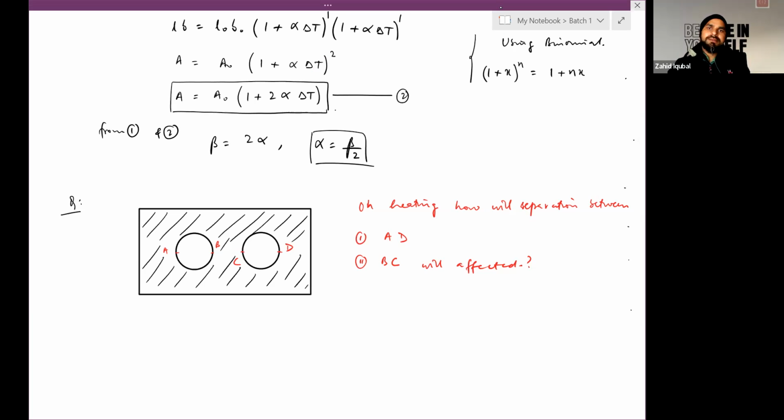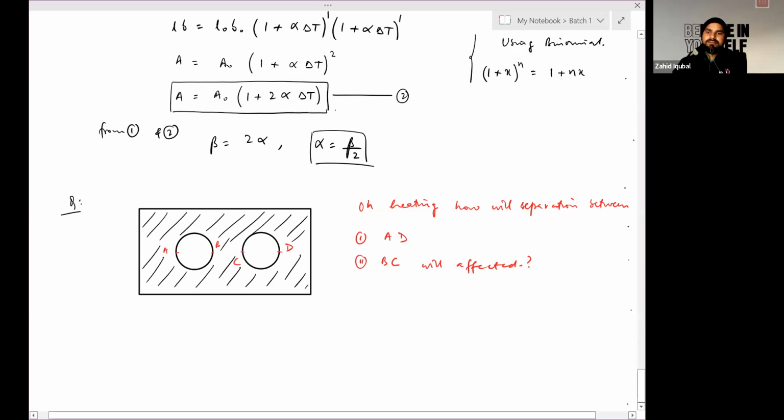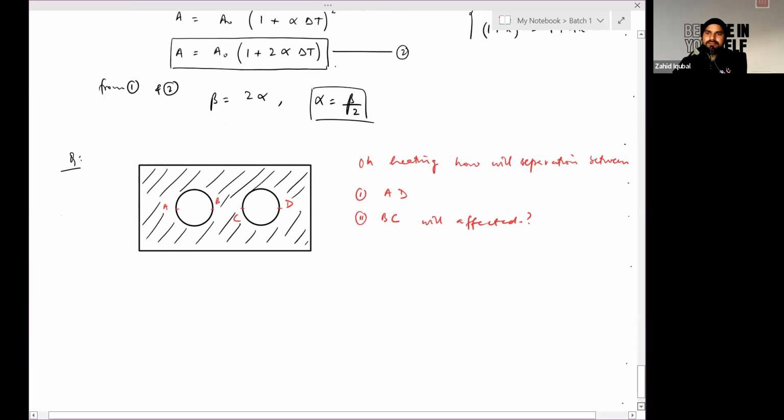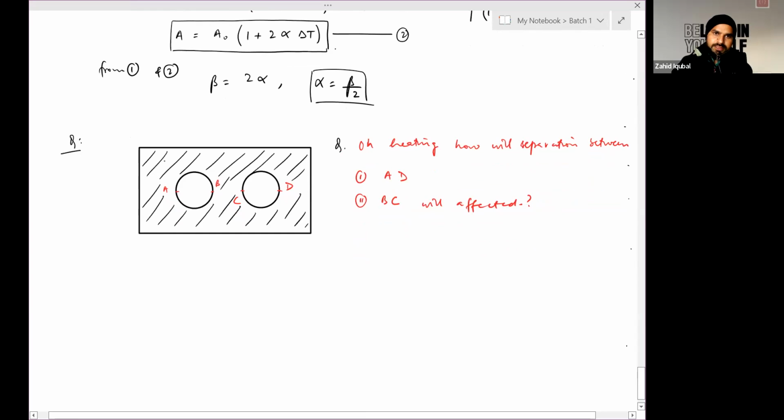Khalid, any guess? Sir, what was the question again? I got disconnected. We have metallic sheet, having two cutout holes, in which for first part at its diametrical end to end point AB, and for second CD.